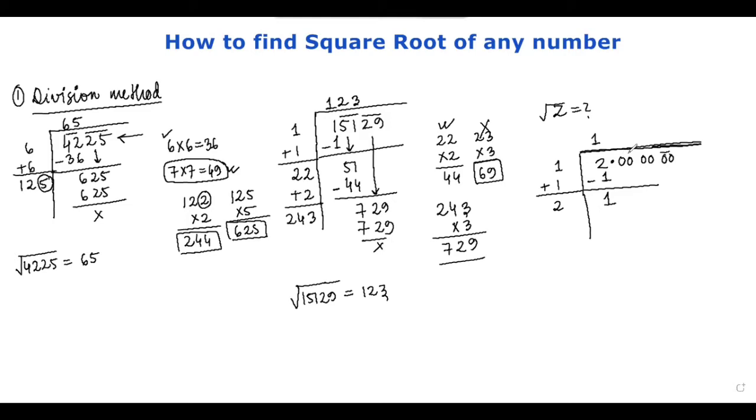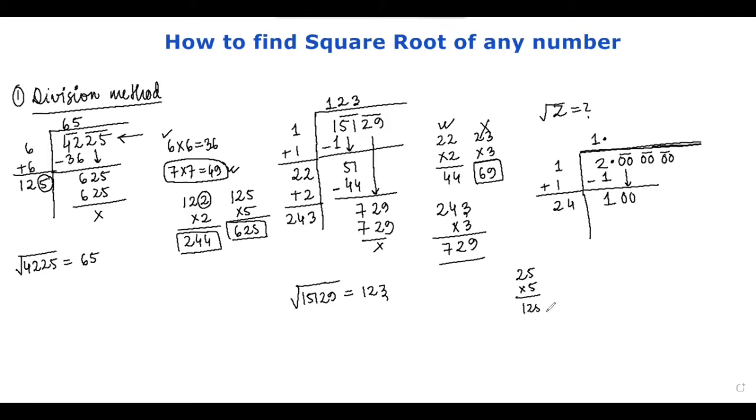Okay, so we have to put a decimal here also. Now this pair of zeros will come down, so we can take 4 here, because if I take 25 and multiply this with 5, then I'll get what? 125.